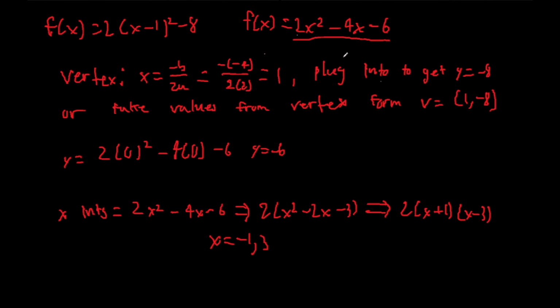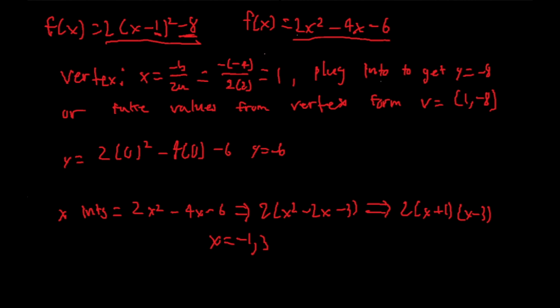Or you could use what I think is the easier way. You just look at the vertex form, which is over here, and you see that h is 1 and k is negative 8. So either way, you're going to get x is equal to 1 and y is equal to negative 8. That's the vertex.